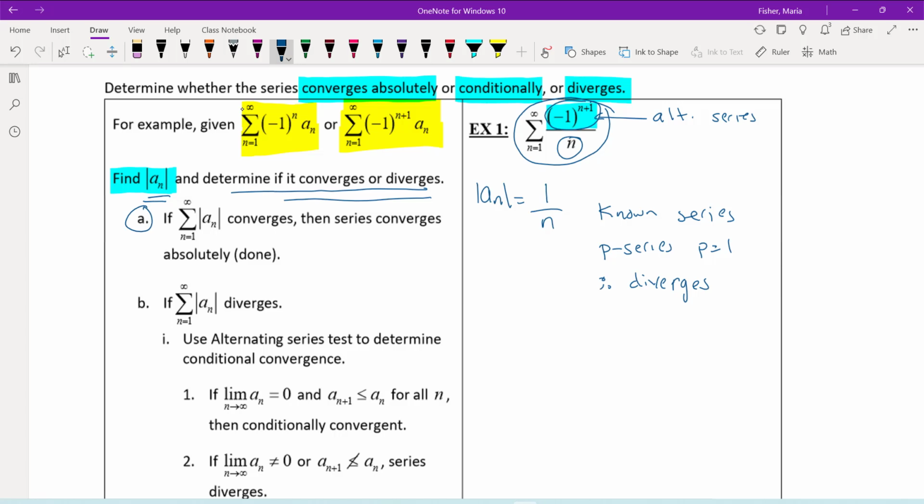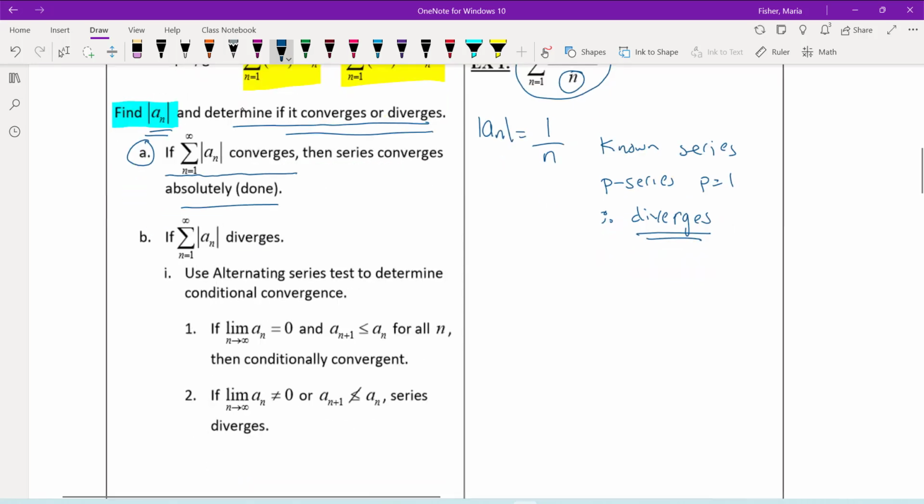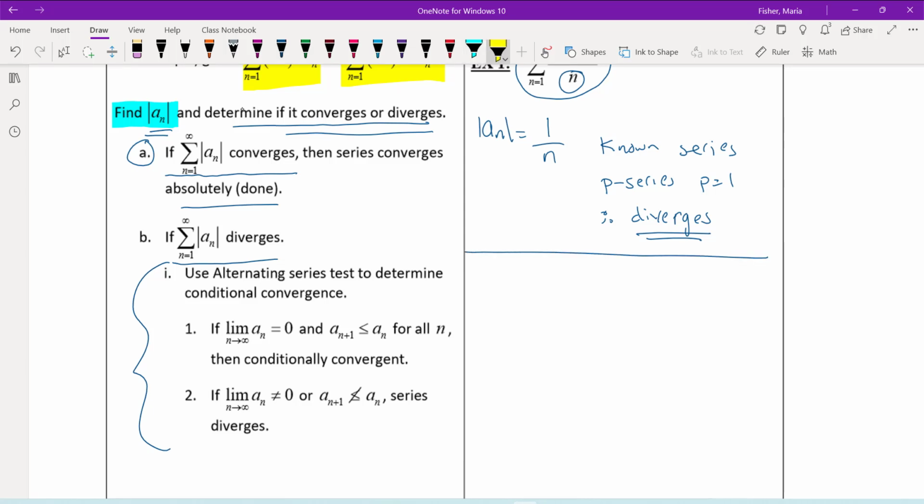Part A says, if the absolute value of a_n converges, you're done, you converge absolutely. But ours diverged. If the absolute value of a_n diverges, like ours, then we have to keep going. So because we diverged, we're going to use the alternating series test to determine conditional convergence.